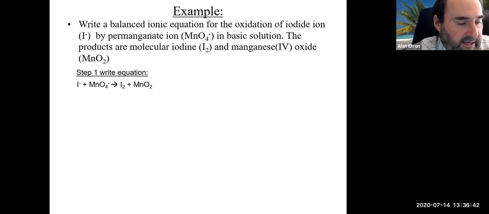When we write our half reactions, remember that in an oxidation half reaction, the electrons should be on the product side as they're being given off or lost. And for a reduction half reaction, the electrons should be on the reactant side, like they're being gained. As we gain and lose electrons, they always happen together.